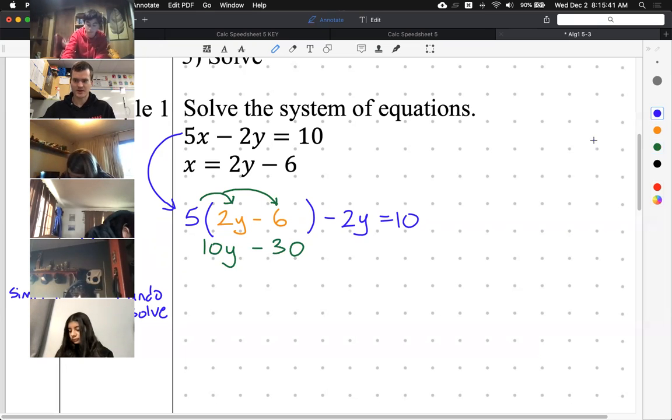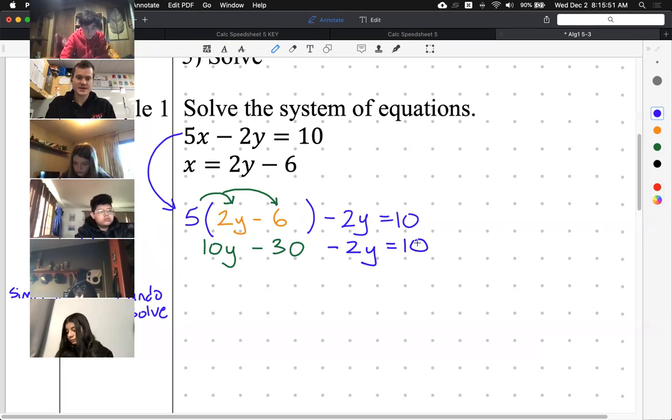Perfect. And I'm going to go ahead and rewrite the minus 2y is equal to 10. And notice that I still haven't done all of the simplifying yet. I still haven't gone down with PEMDAS. I still have like terms. Some of these terms on the left-hand side are going to be added or subtracted from each other.